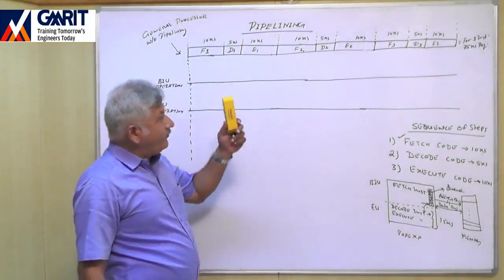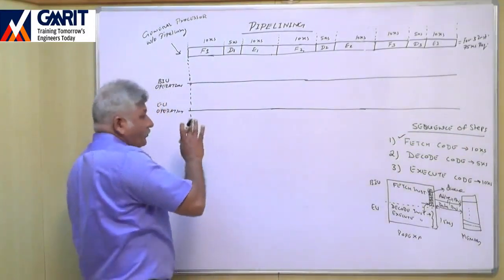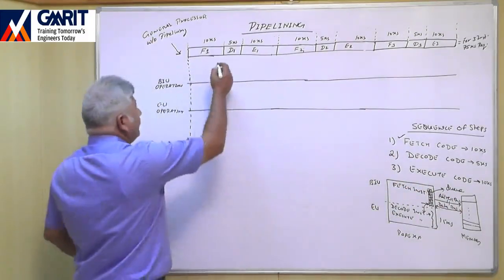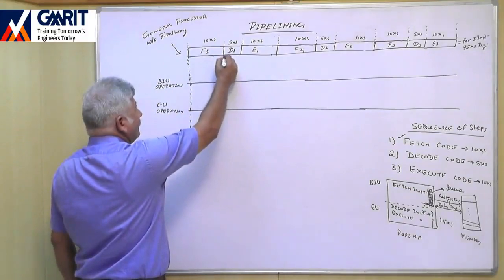So we will start with the first instruction. The first code will be fetched by the BIU. So it is exactly the same.